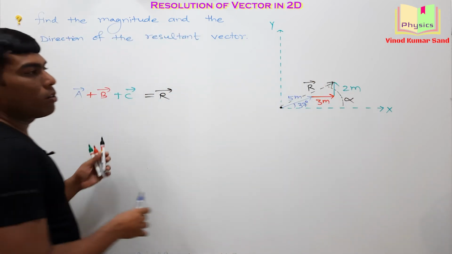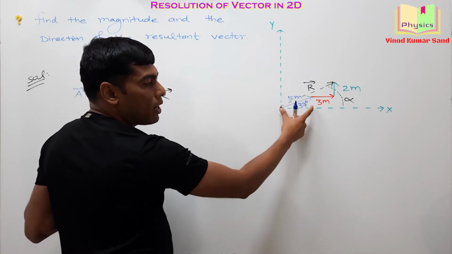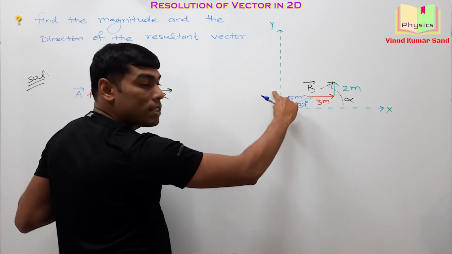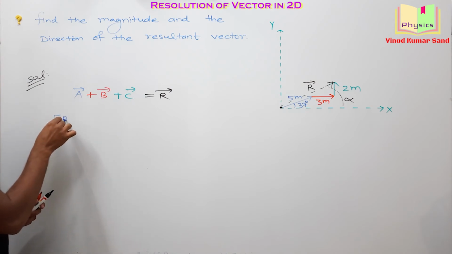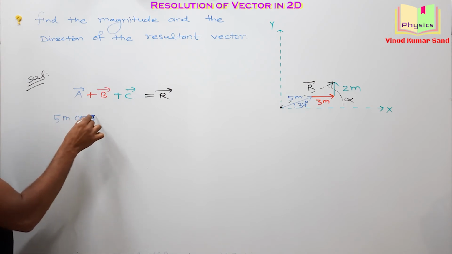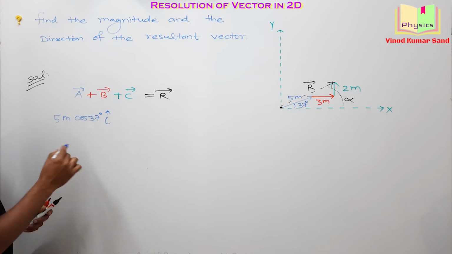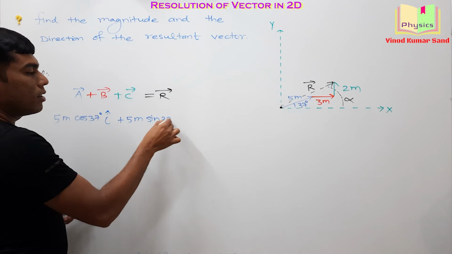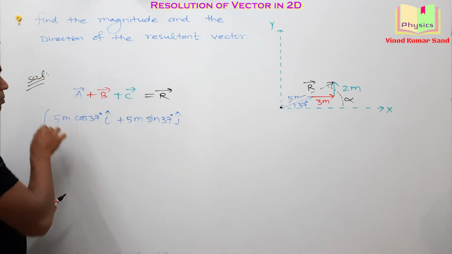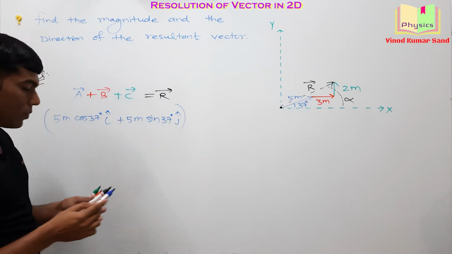Now, putting up the value of A vector. The A vector has the horizontal component as well as the vertical component. So A vector will be written as 5 meter cos 37 degree of i cap plus 5 meter sin 37 degree of j cap. Do you agree with the A vector?